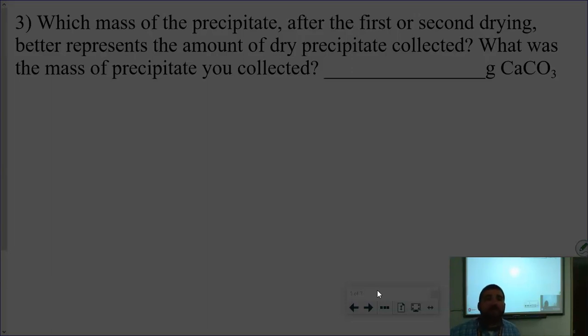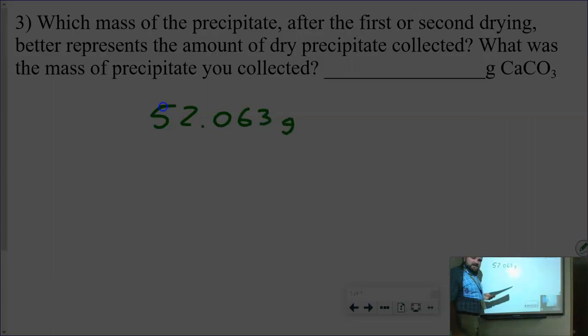All right, so how much precipitate did we collect? Let me find my sheet. All right, I have 52.063 grams. That's the watch glass plus the filter paper plus my calcium carbonate.